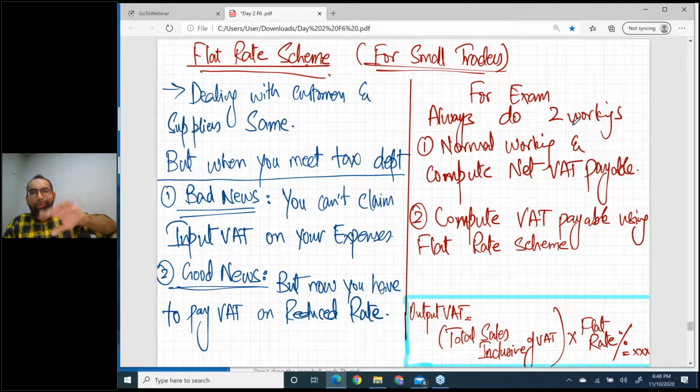So you keep something in your pocket, which is the compensation for the input VAT not getting recovered. Read it: bad news and good news.